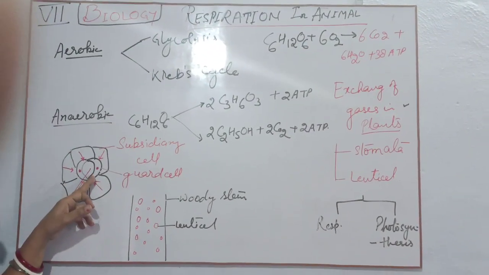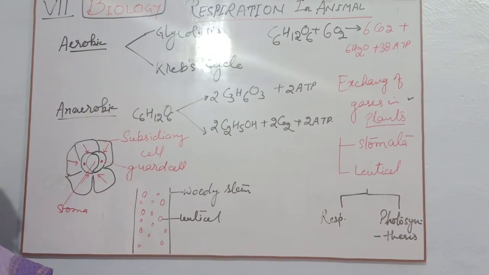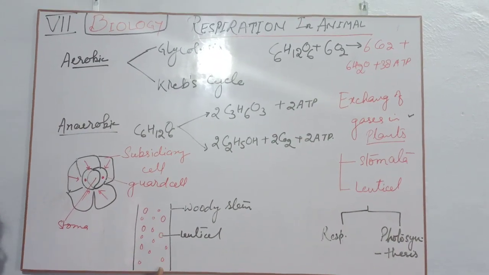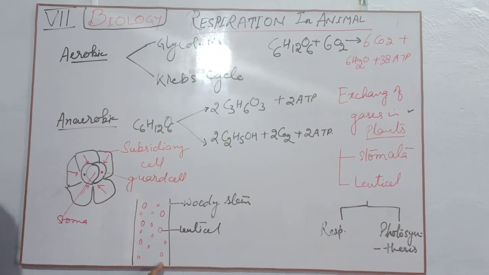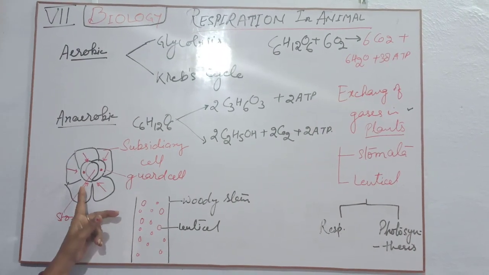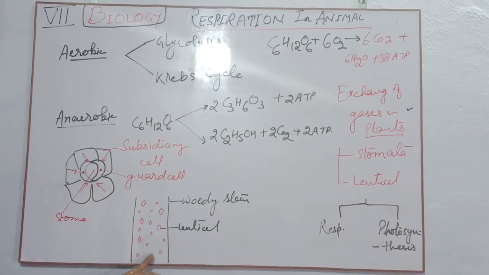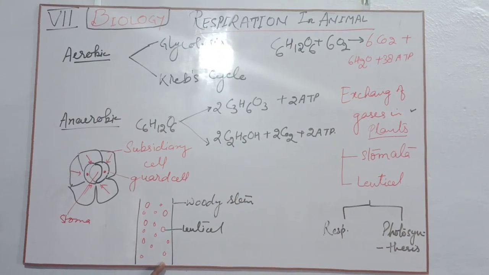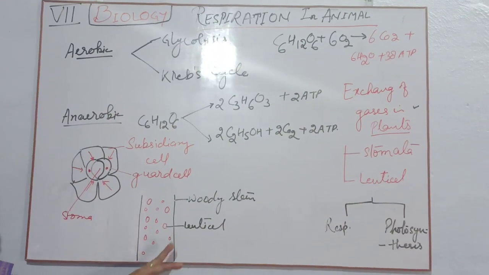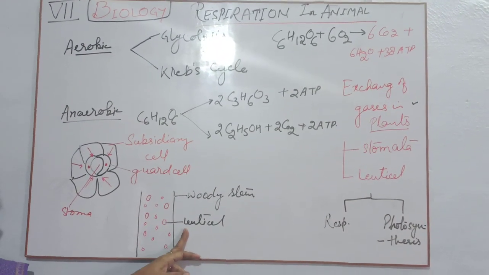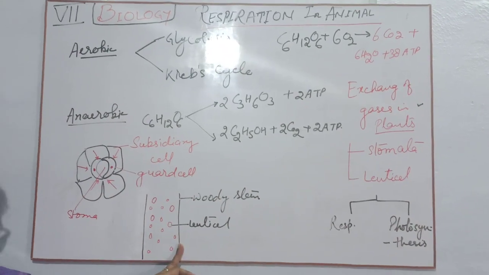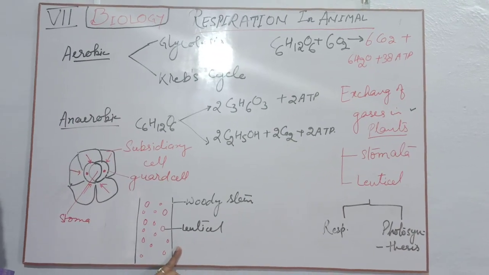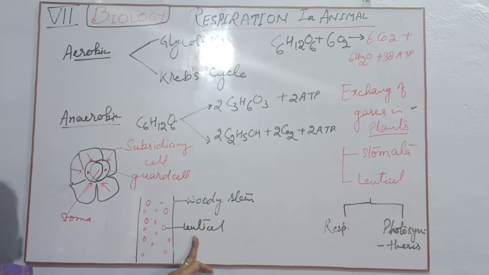When the guard cells are destroyed or dried, at that time the stem becomes woody, that means it loses chlorophyll, and due to this the guard cells are destroyed and the opening remains open throughout the day and night. So these lenticels are open throughout the day and night. They help in respiration and in transpiration also. This is how lenticels are formed.